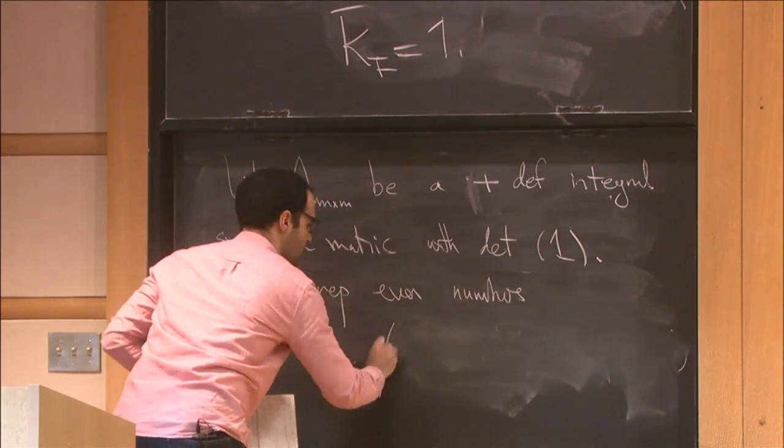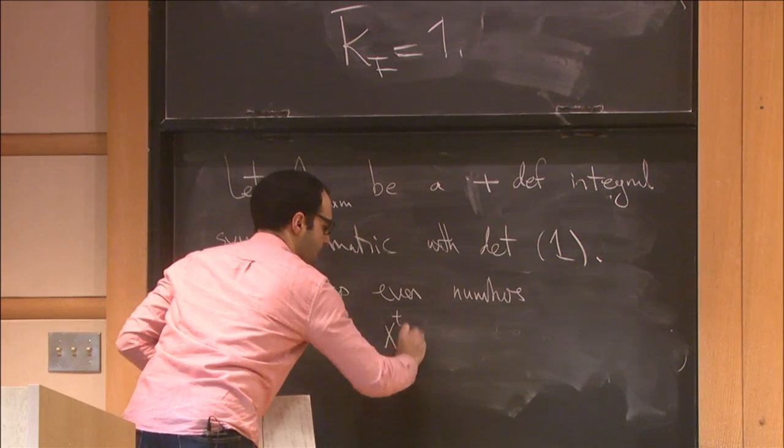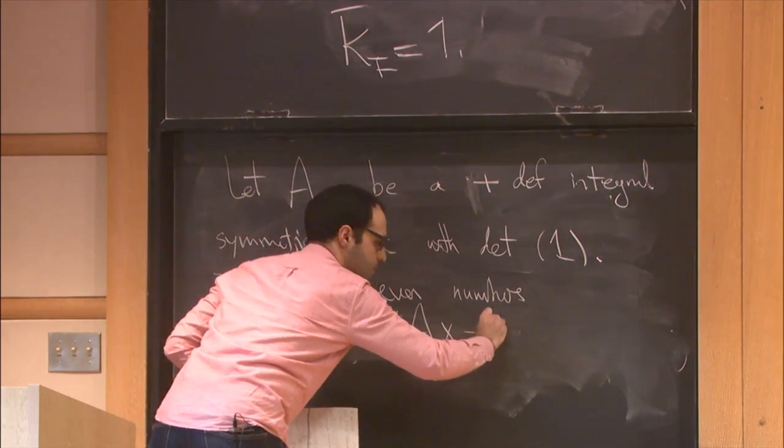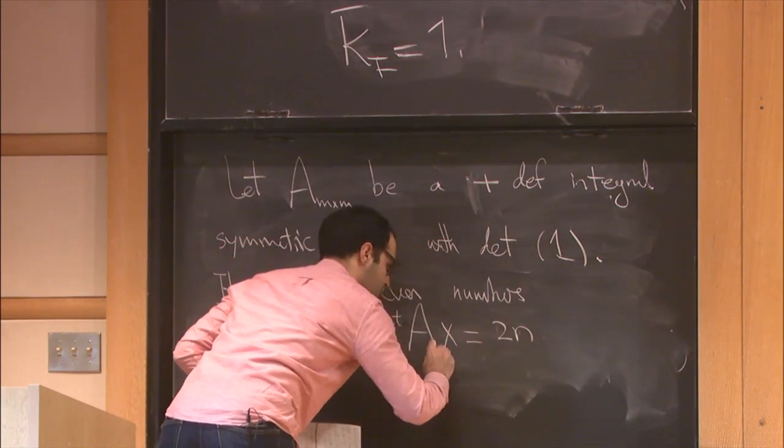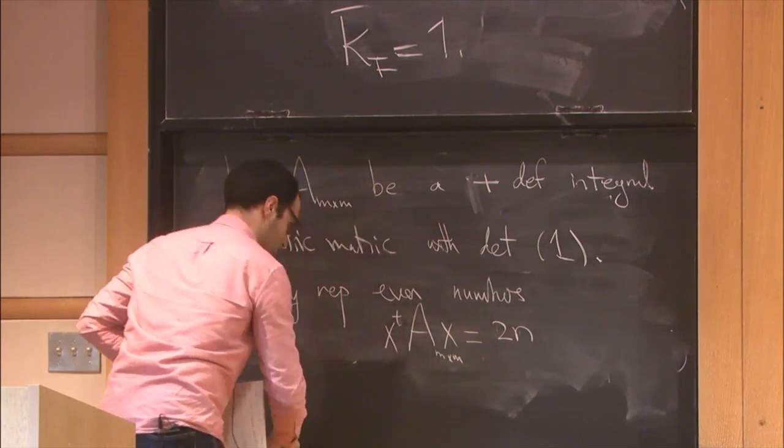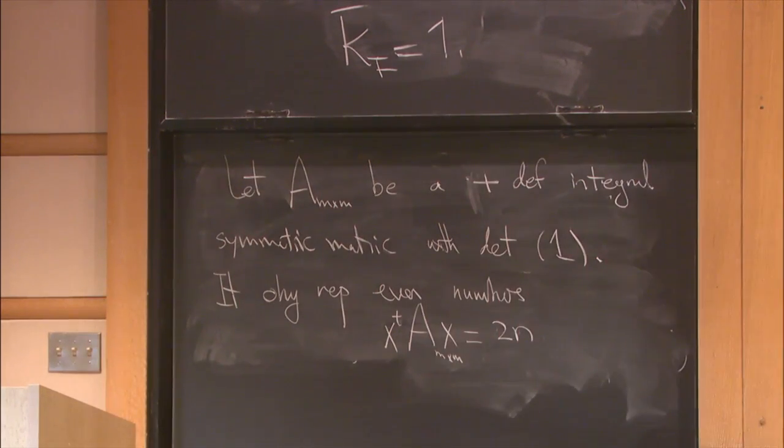Which means x transpose A x is always 2n. And what we are interested in is which numbers are representable by such a matrix.